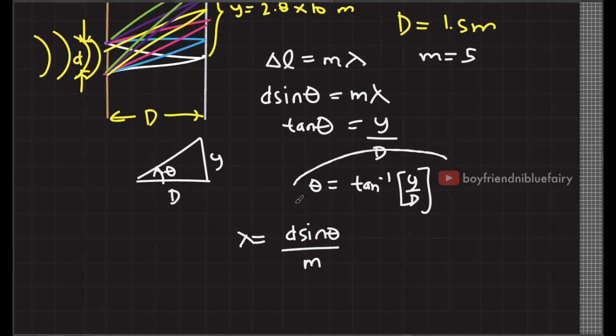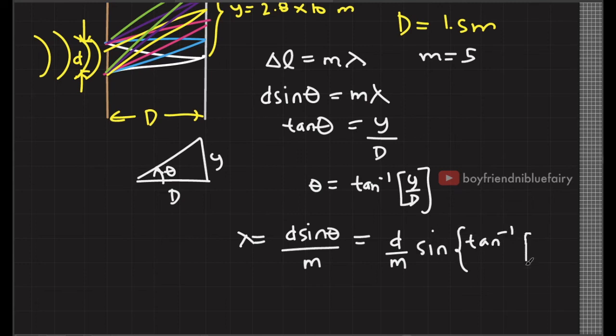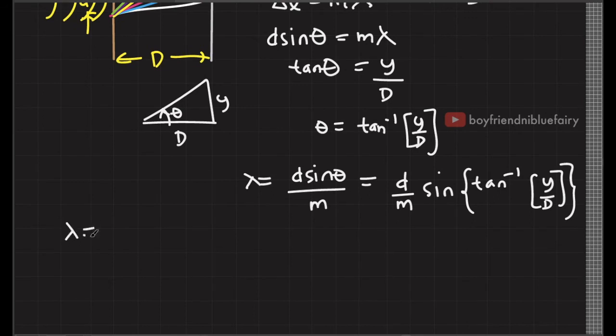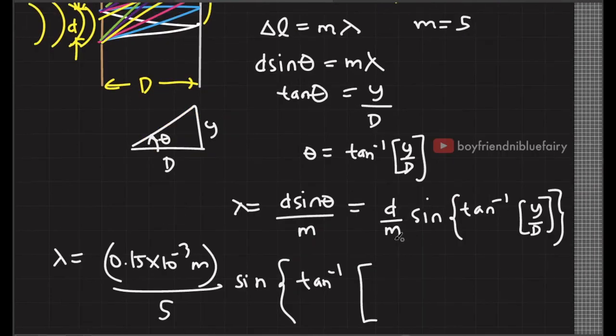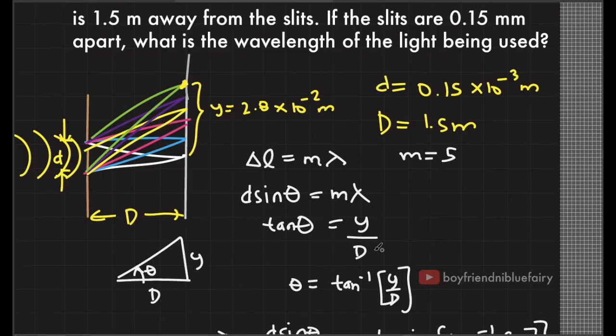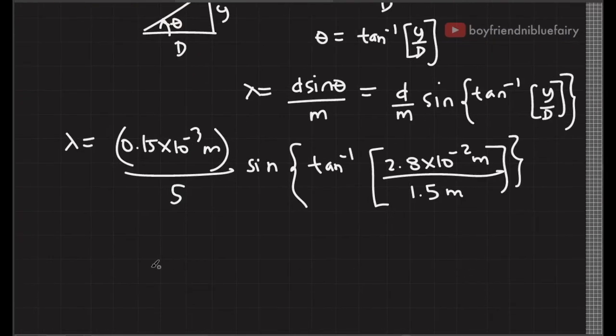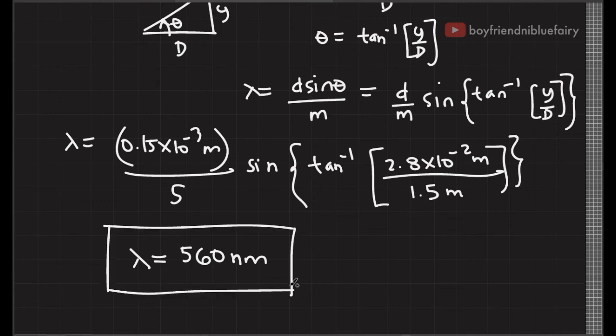But again, theta is equal to arctangent of y over D, so lambda is d over m times sine of arctangent of y over D. Plugging in the values, I end up with lambda equals 560 nanometers.